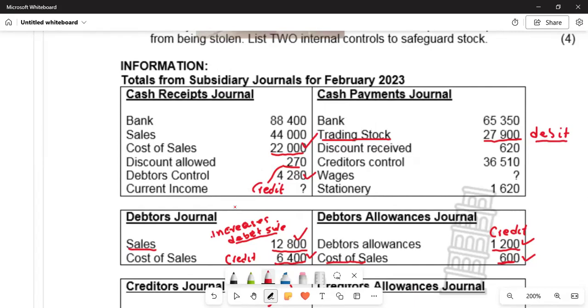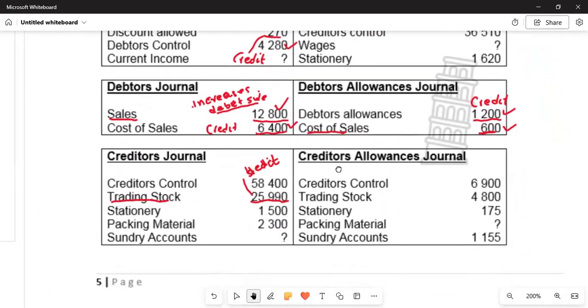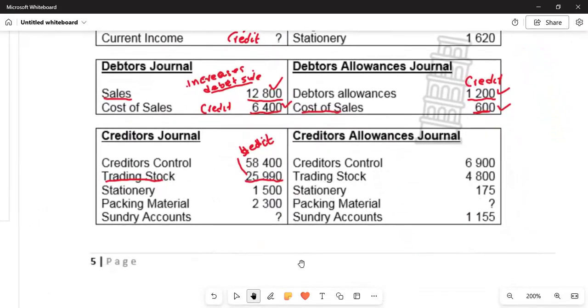Also, we have creditors control from creditors allowance journal. So if you go to our creditors allowance journal, you can also see that we have a trading stock of 4,800.